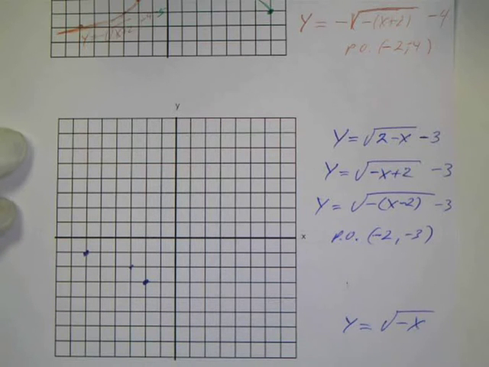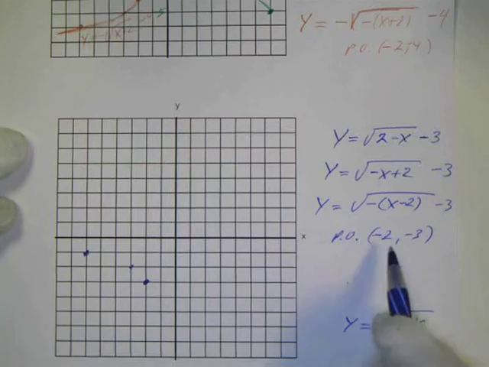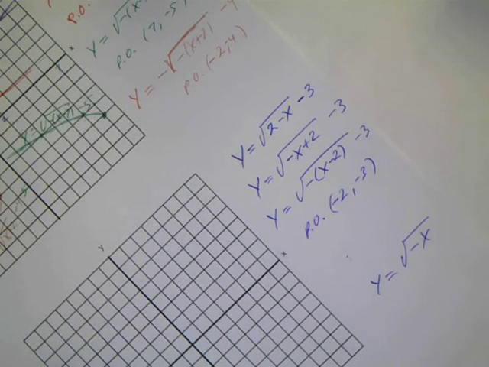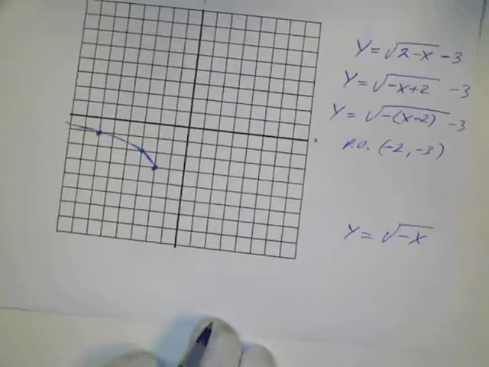And there you go. It looks kind of like that, except it's shifted over 2 to the left, down 3. And there you go, there's your graph.